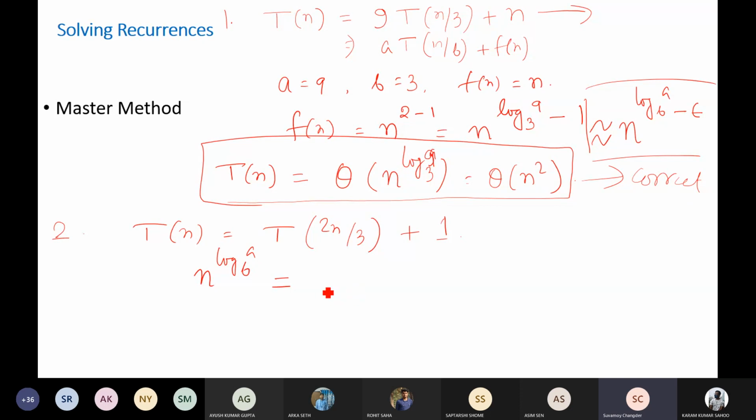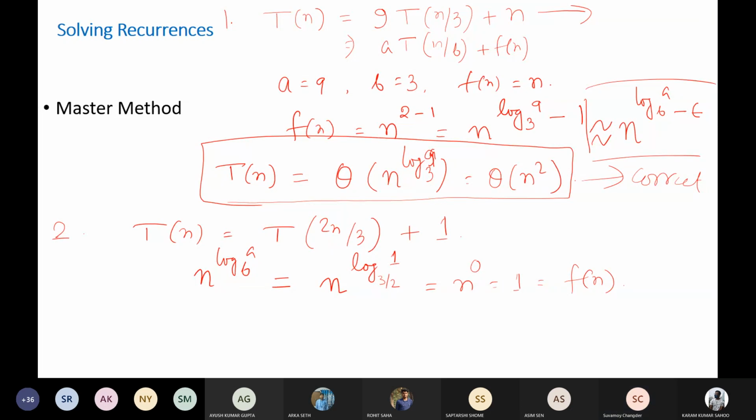So here for this case, n to the power log a base b is equal to n to the power log 1 base 3 by 2. Any base log 1 is equal to 0, so n to the power 0 is equal to 1. So we can write this is equal to f(n).